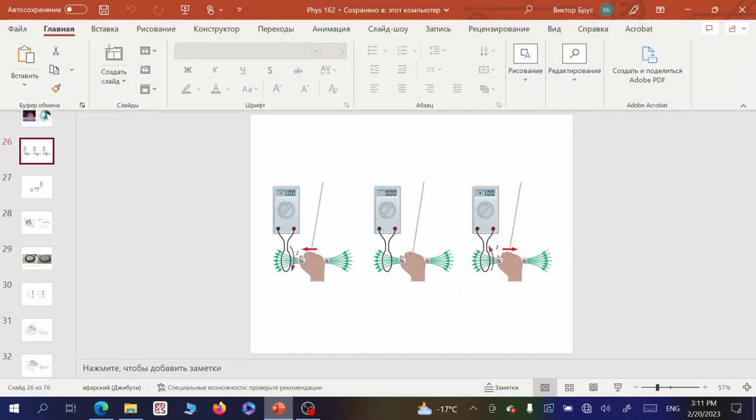But if the magnetic field flux is changing, that results in a so-called induced electromotive force. And if we have a closed electric circuit, obviously the electromotive force will result in an induced current flowing through this circuit. So how does it work? Let me share the screen with you.